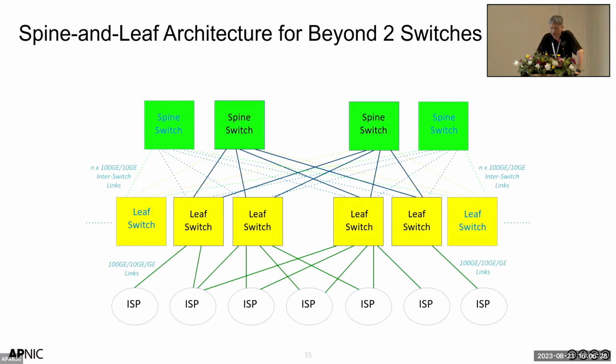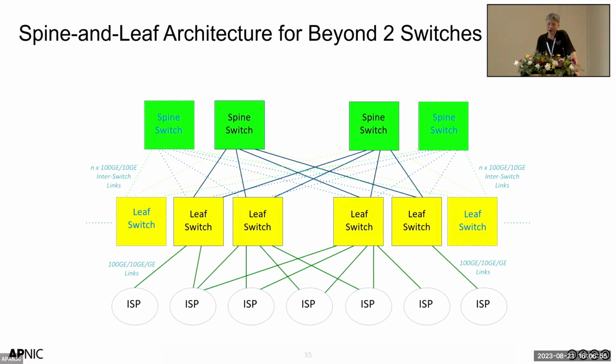There have to be multiple spine switches, and all your leaf switches need to connect to all the spine switches in order to achieve resilience and also the bandwidth requirement across different switches. This will allow you better scalability, but you will also get complexity in your network.